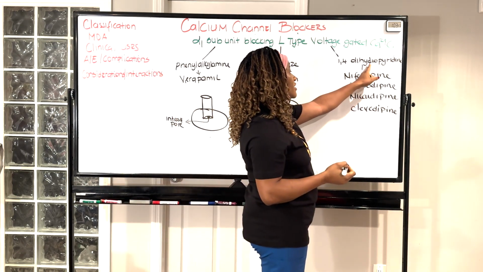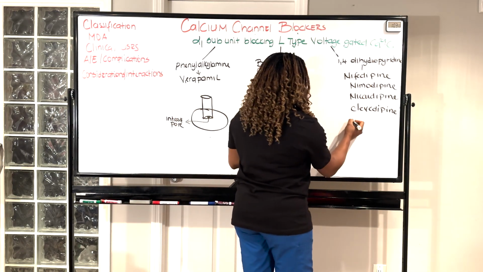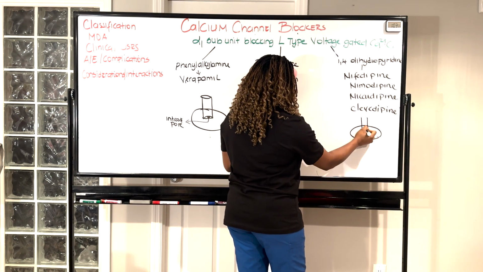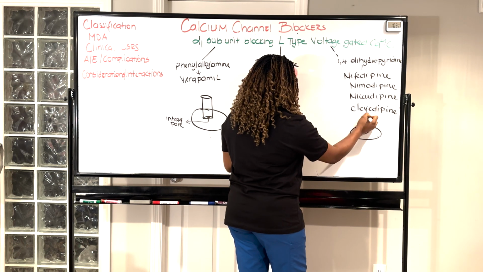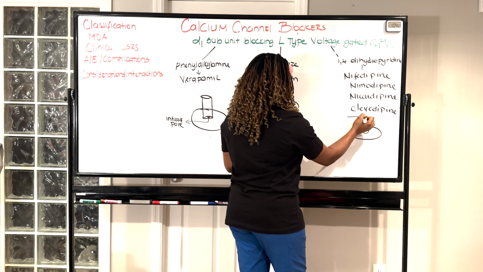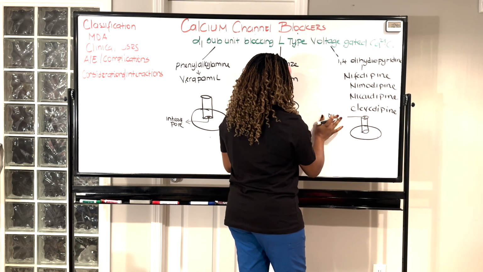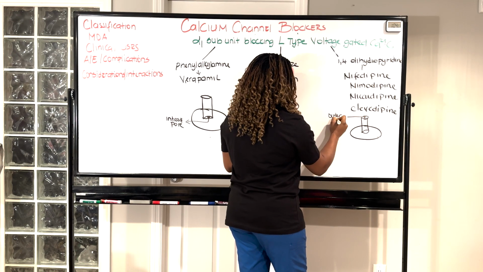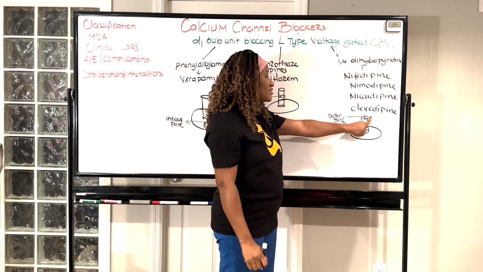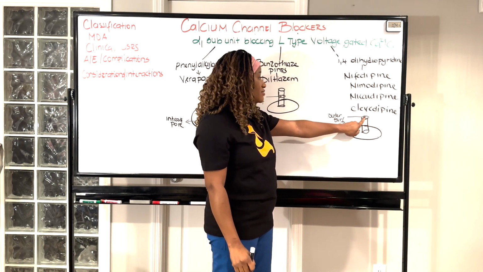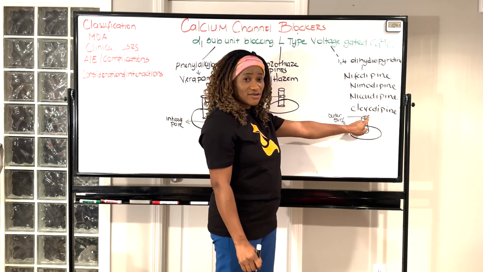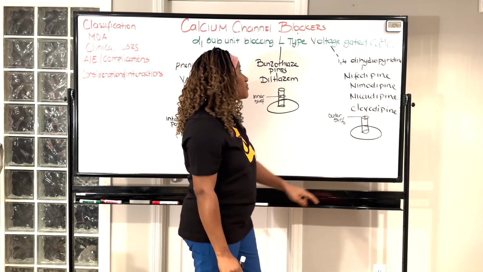Now, let's see where the dihydropyridines work. So we have our cell here, and we still have our transmembrane voltage gated channel. The dihydropyridines are going to act here on the outer surface. Because they act here, even if the channel is closed, they're still going to be able to inhibit the entry of calcium because they act right at the top, so they don't need the channel to be open.